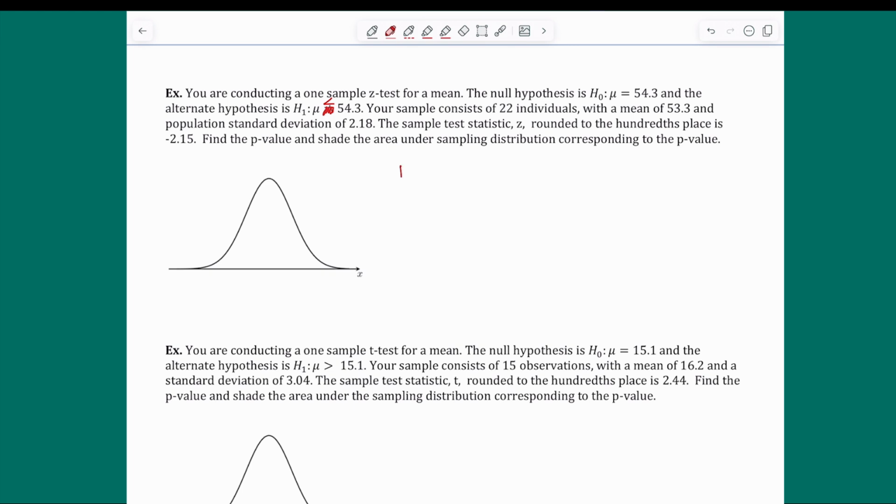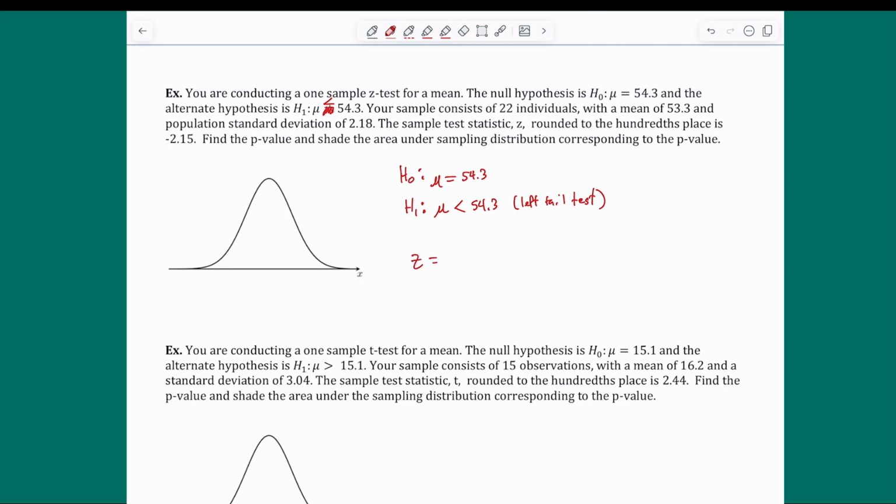Let me just quickly note here. H0 is mu equal to 54.3. That's what we're assuming to be true, right? And then the mean is less than 54.3 is the alternate hypothesis. So this tells us it's a left tail test, and that's important when we find the p-value. The test statistic is given to us.